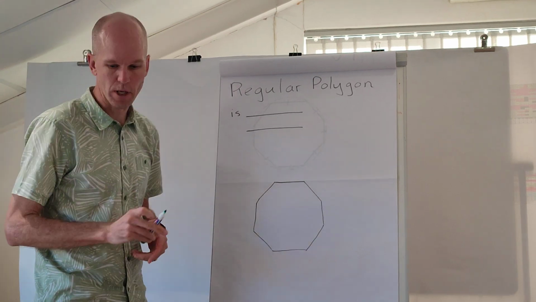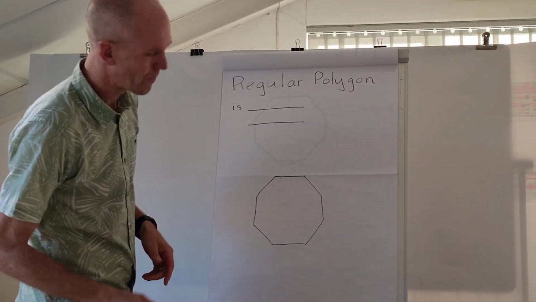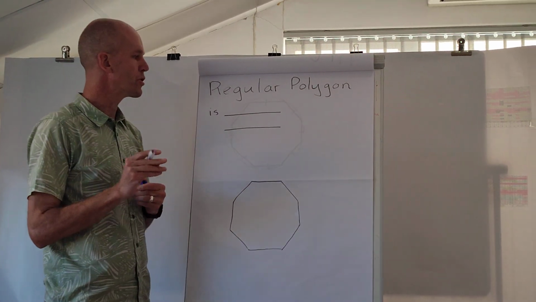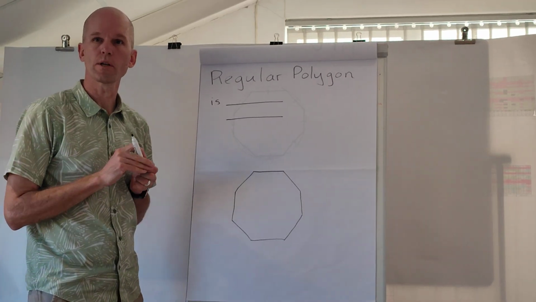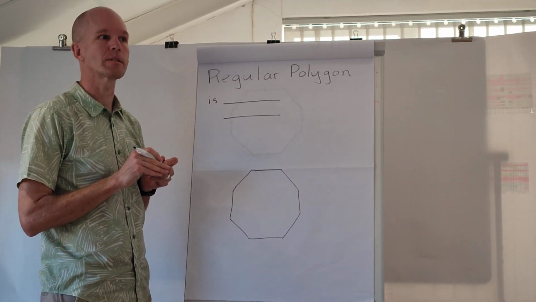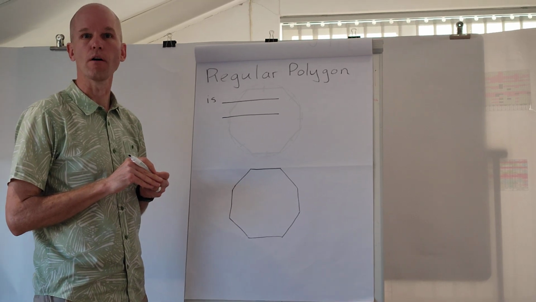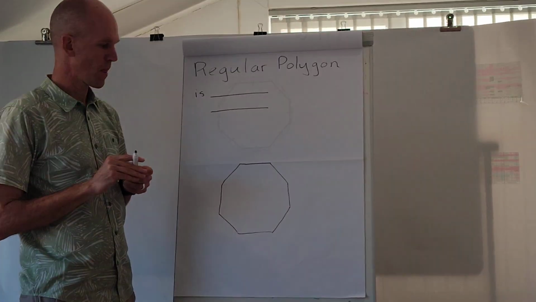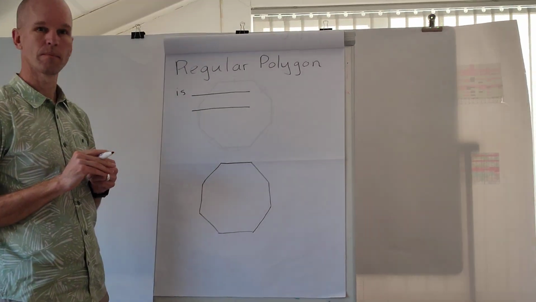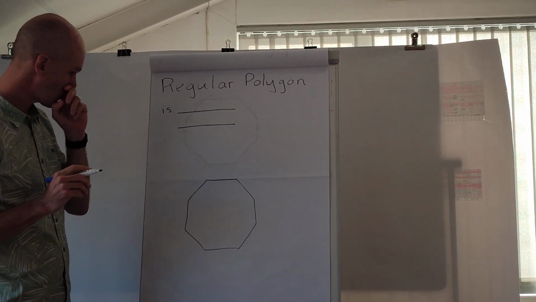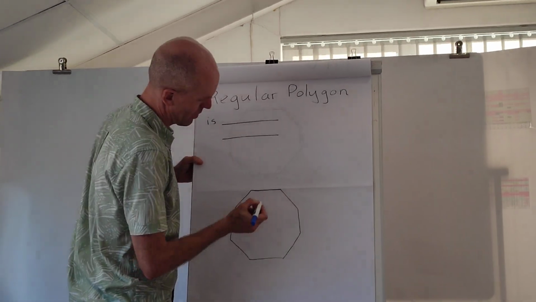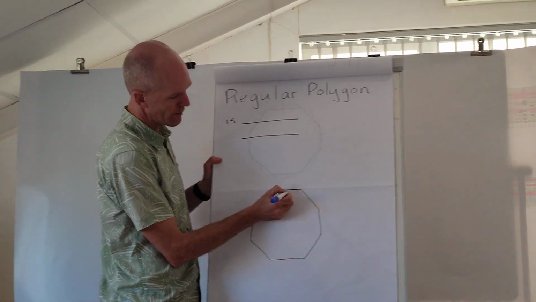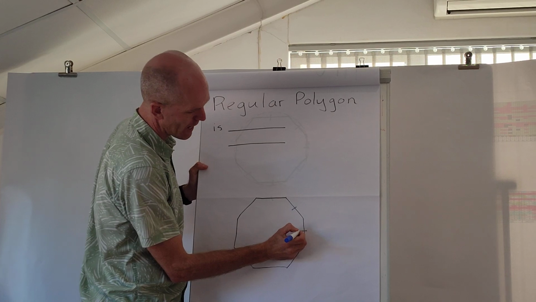So, regular polygons, do you remember some of the characteristics of regular polygons? They've got the same length sides and something about their angles are equal. Okay, so what Mel is saying, that they've got the same length sides.